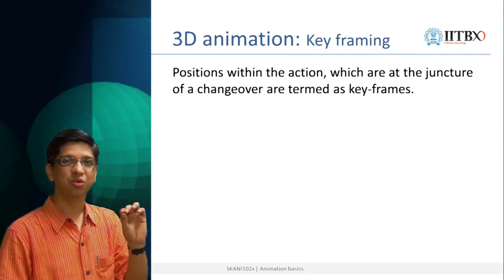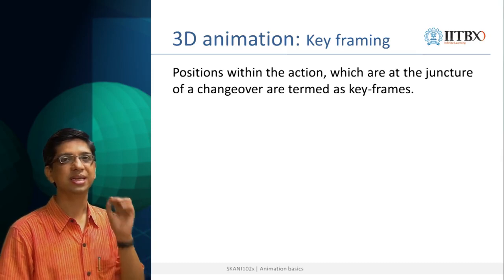For example, if I am moving my hand from here to here, then these two positions make the start and end of the action, and immediately we can say that these are the keyframes of this animation. So the formal definition of keyframe can be termed as the frame where there is a changeover in the action.